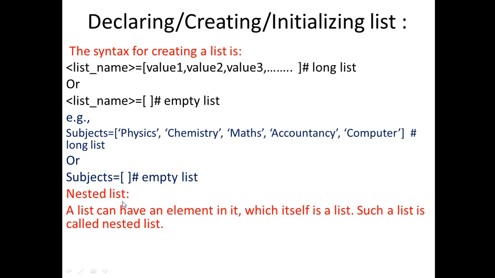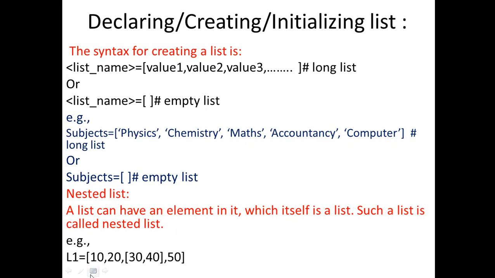Next is the nested list. A list can have an element in it which itself is a list. When the item of a list is itself a list, it is known as a nested list.